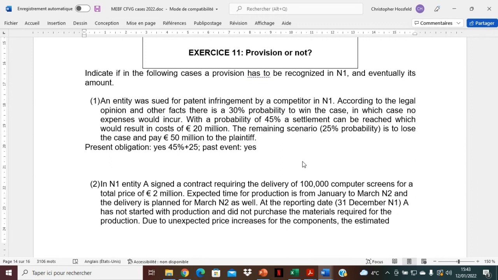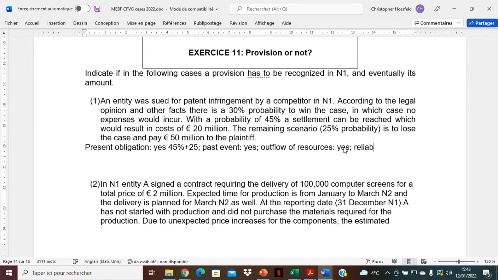Actually, when my competitor is suing me, that's the past event. Will there be an outflow of resources? Well, yes, because there's a high probability that I need to pay an amount.